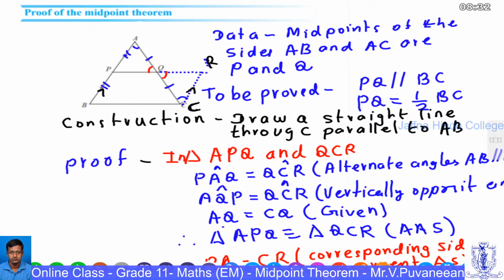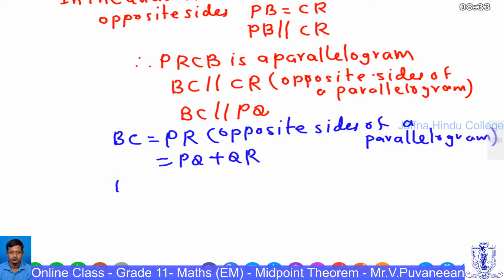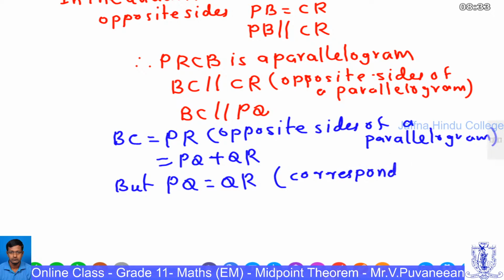Okay, but PQ equal QR. Why? These two are the corresponding sides of the congruent triangles.